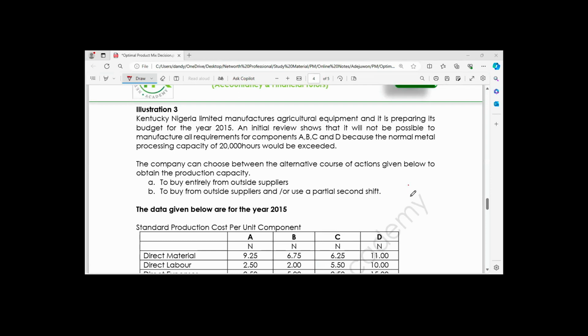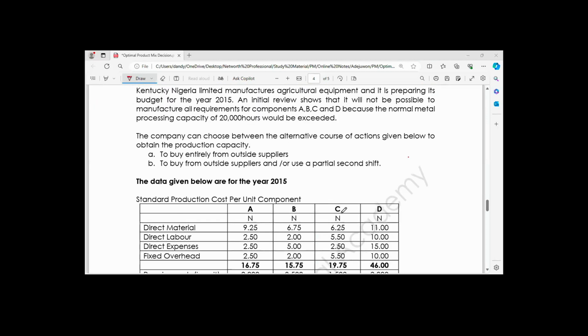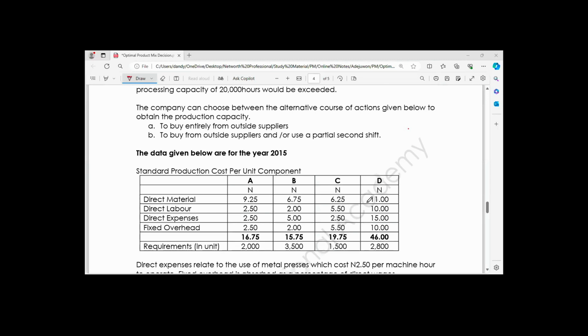The company can choose between the alternative courses of action given below to obtain the production capacity. A, to buy entirely from outside suppliers. B, to buy from outside suppliers and or use a partial second shift. The data given below are for the year 2015.